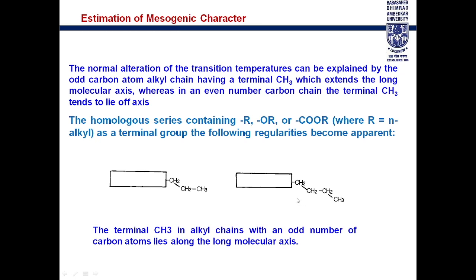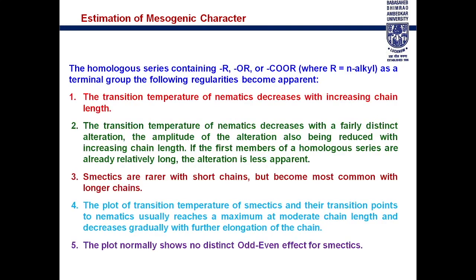In the homologous series containing R, OR, COR, where R is an alkyl, as terminal group, the following irregularity becomes apparent. The terminal CH3 in an alkyl chain with an odd number of carbon atoms lies along the long molecular axis.